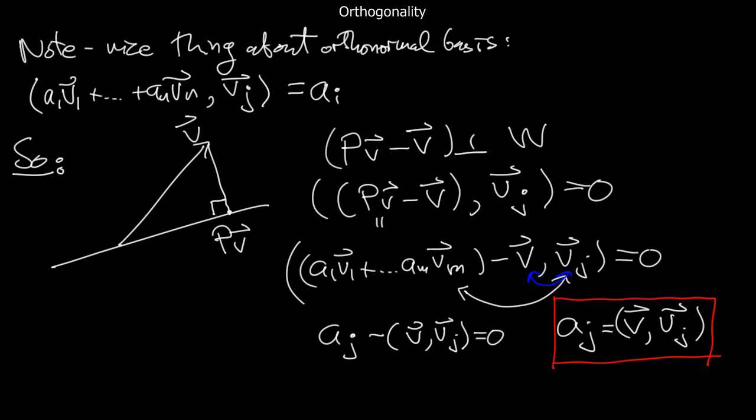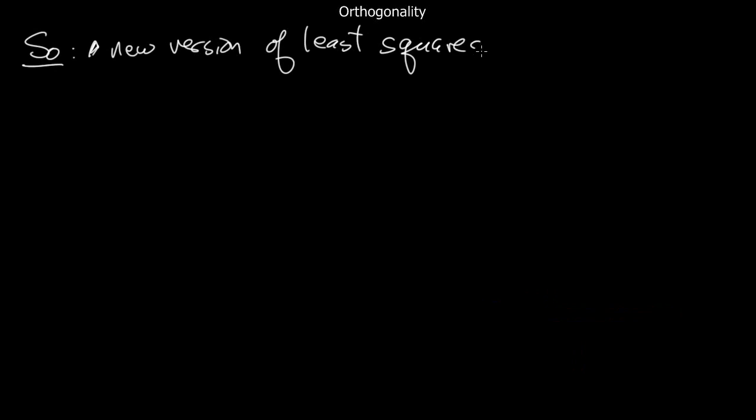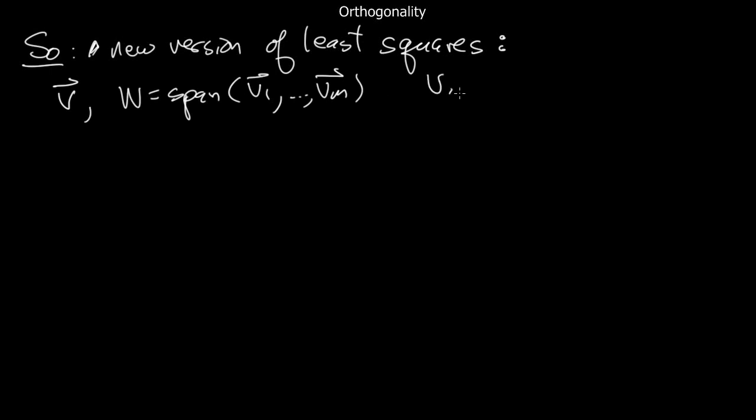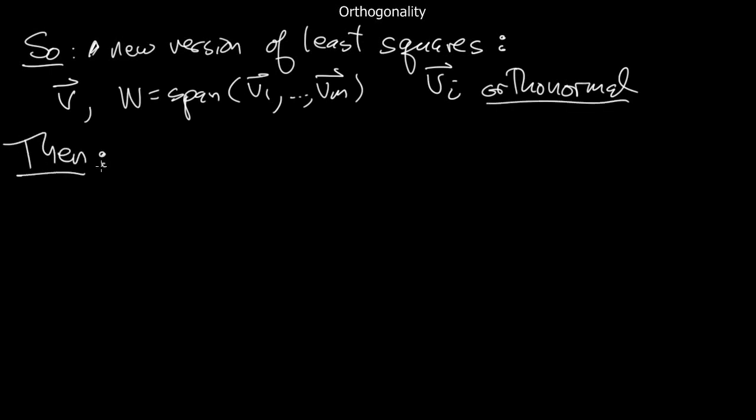There's no matrices to write down. There's no A transpose A, all of that. You just need to write down these numbers aj. So let me summarize that. This is a new version of the least squares algorithm. Suppose you have a vector V, and we're trying to find the closest point on a subspace W, which is spanned by a bunch of vectors Vi, and I want to make the special assumption that the Vi's are an orthonormal basis of W. Then the closest point has a very simple formula.